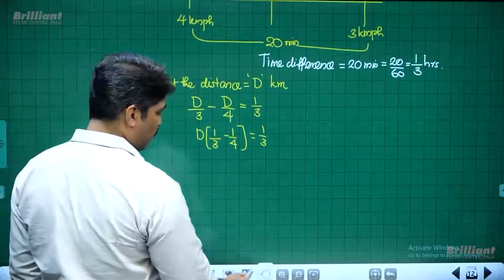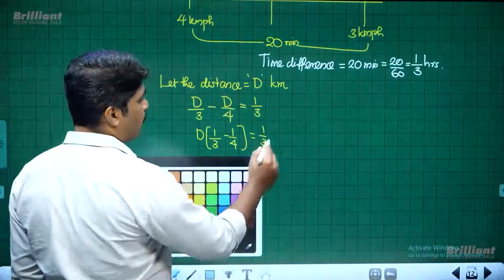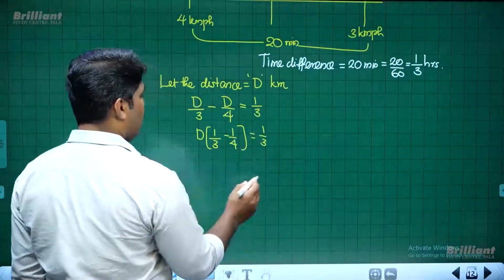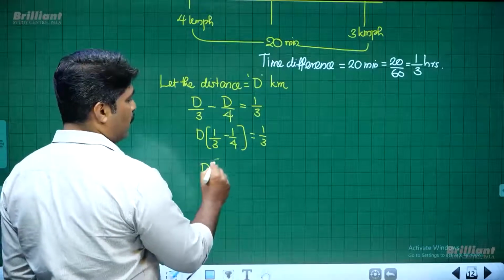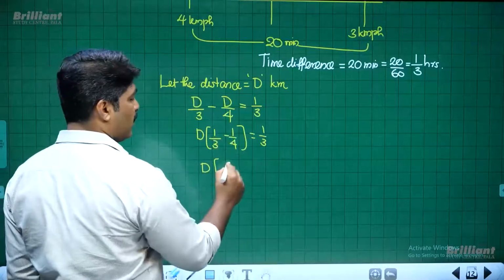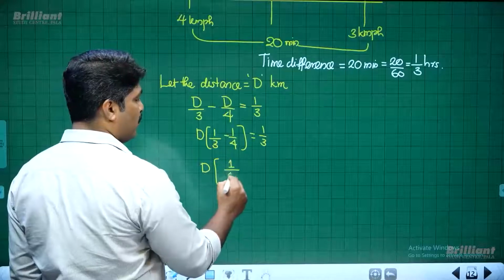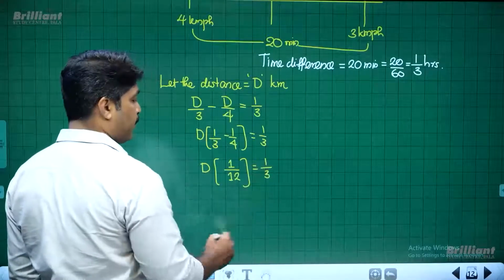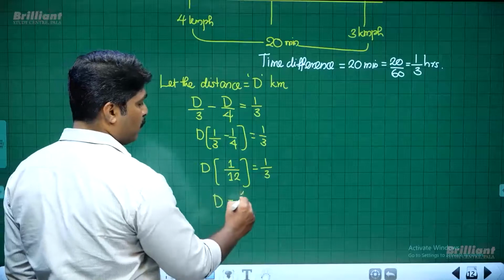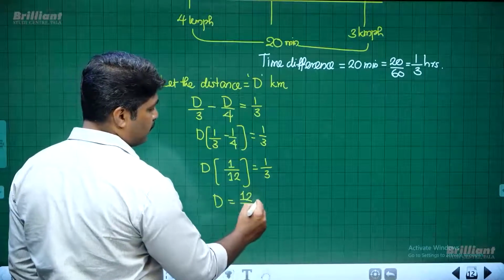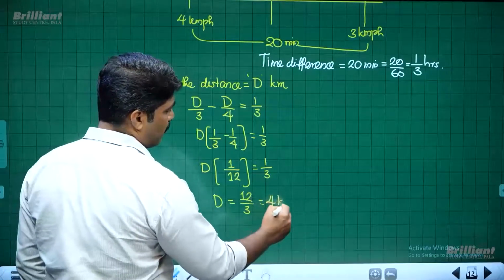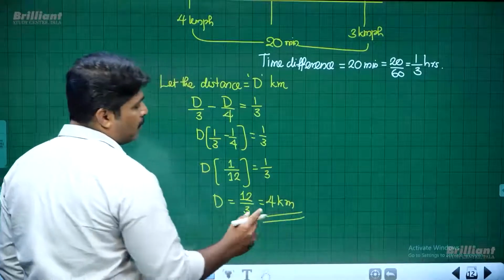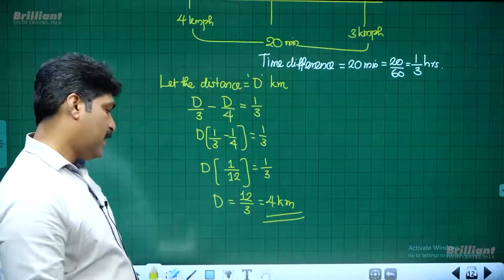D into (4 minus 3, that is 1, over 3 into 4, that is 12) is equal to 1/3. Therefore, D equals 12/3, that is 4 km. So this is the answer.